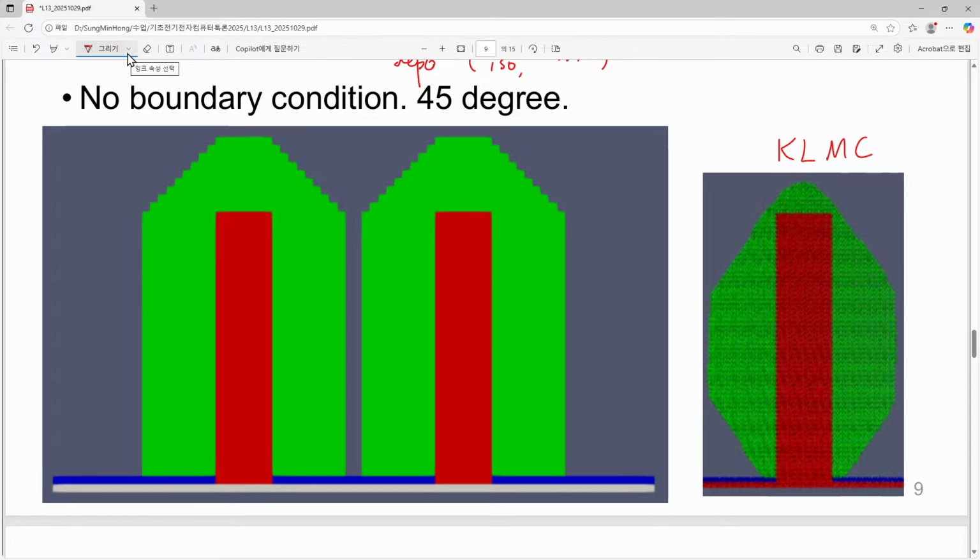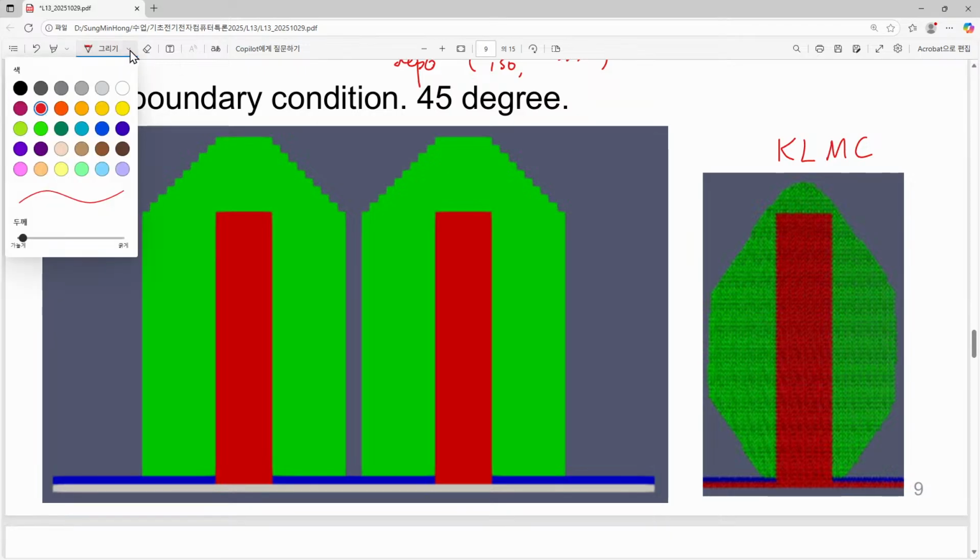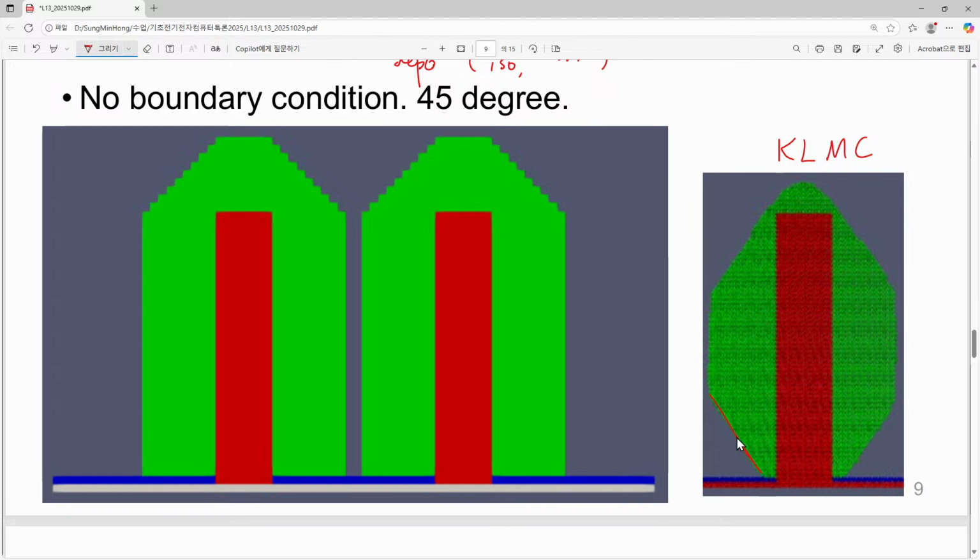So let me just describe the difference. One meaningful difference is here we have this sloped 111 surface nearby the bottom. So for example, starting from somewhere here, we have a certain angle, and also we have a certain angle here, but that is missing.